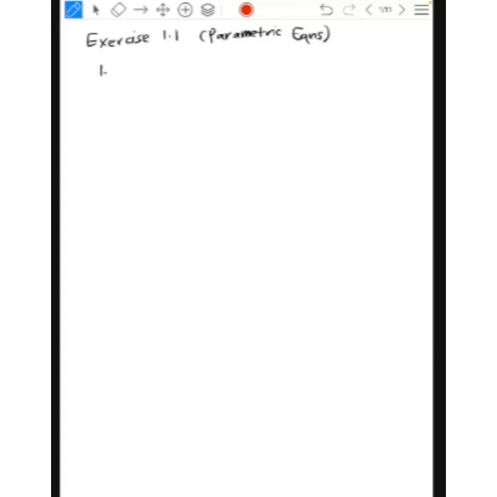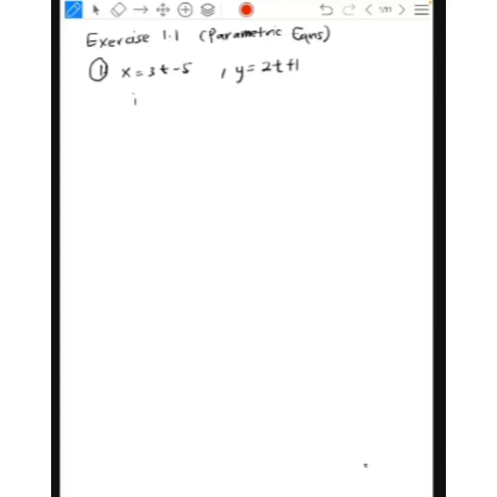For question number 1, you have x equals 3t minus 5 and y equals 2t plus 1. If you have watched the videos, you know there are two methods to solve this parametric curve. The question asks you to sketch the parametric curve and indicate the orientation. It does not specify any method, so you can use either of the two methods.